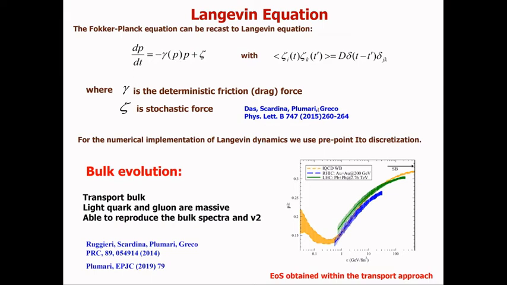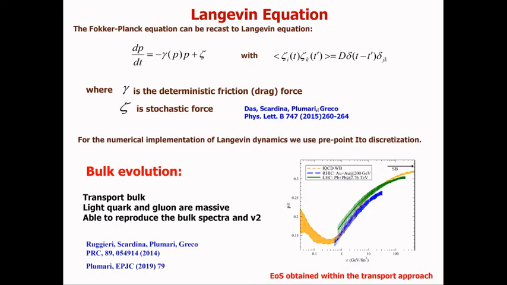Sometimes we also solve the Langevin dynamics for the sake of comparison to study the heavy quark momentum evolution in QGP. But in this Langevin dynamics, the inputs are the drag and diffusion coefficients obtained within the framework of the quasi-particle model. We also sometimes use pQCD with running coupling for comparison.